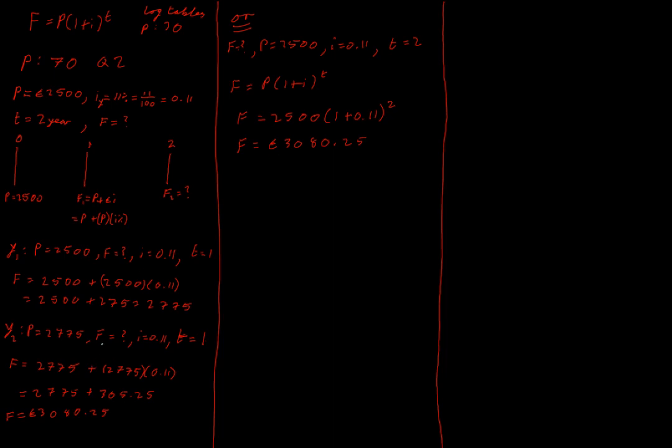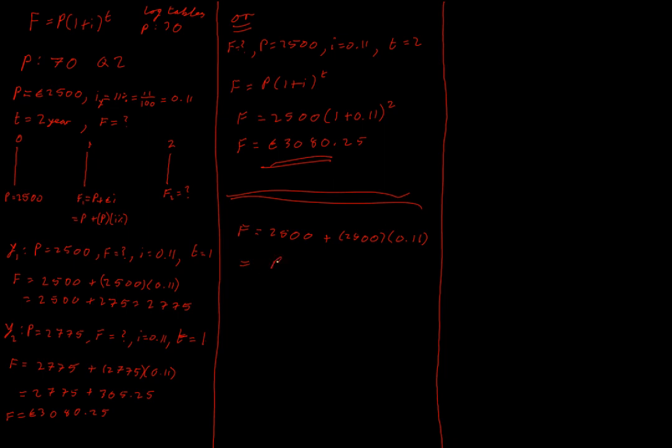Now, why in the world is that working? Well, if I come back to my first year here, so this is my final answer, that's all I need to do. I'm now coming to a bit of an explanation as to where this formula is coming from. If I rewrite this line here from my first year, F is equal to 2,500 plus 2,500 on 0.11, I'm going to rewrite this in algebra.